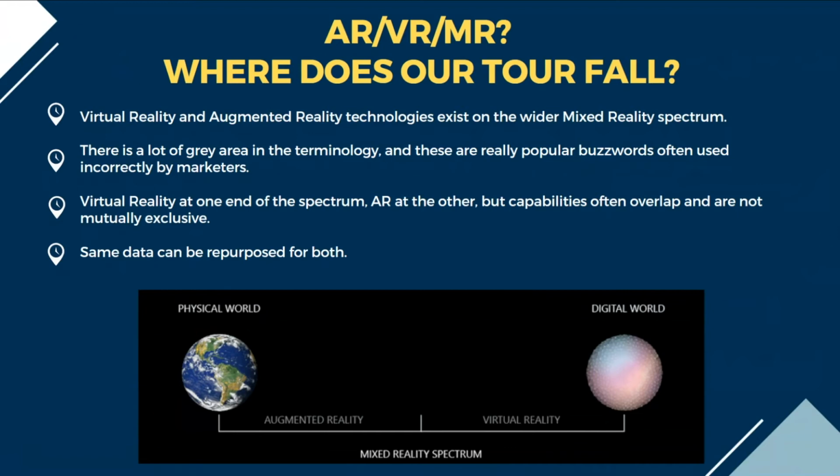On the left side is the physical world, where augmented reality begins, which is an overlay of digital information on the reality that you are physically experiencing. And as it is a spectrum, there are many different technologies, and they fall into many different categories and overlap in some places.